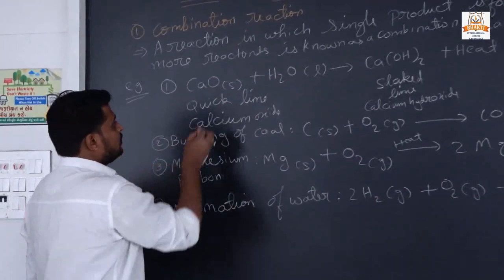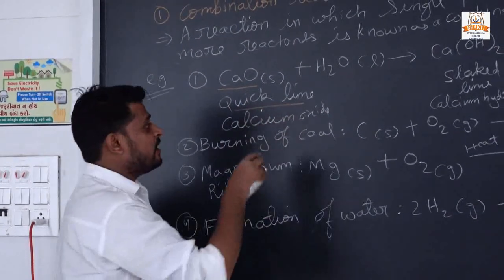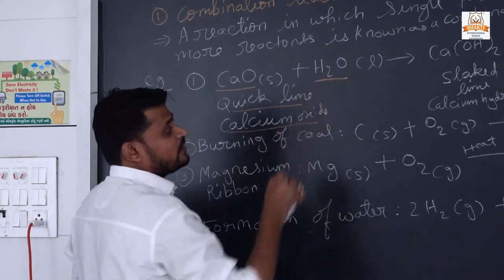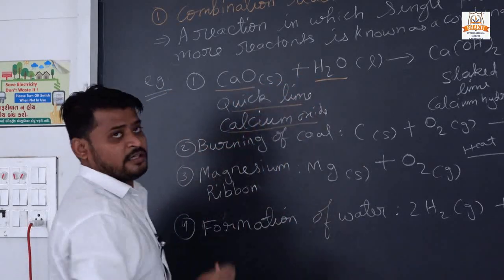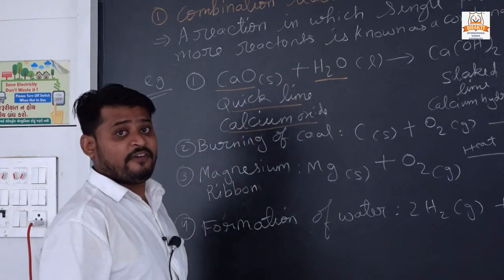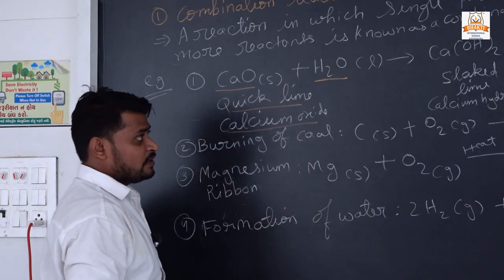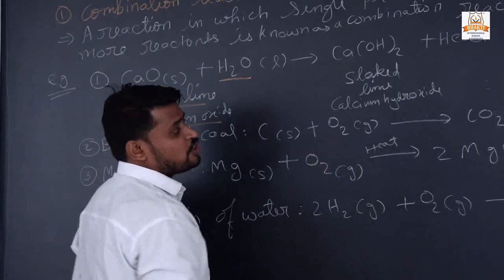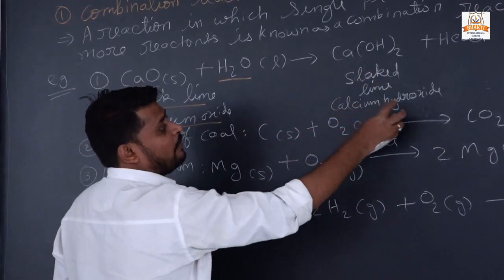Now here CaO means quicklime, and another name is calcium oxide, and H2O is water. Here we take two reactants, one is calcium oxide, the second is water. When we react these two reactants, we get Ca(OH)2, which is called slaked lime, and another name is calcium hydroxide.